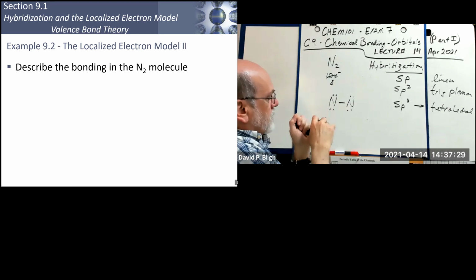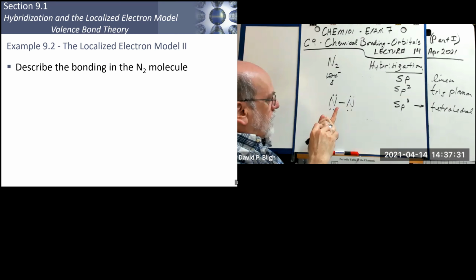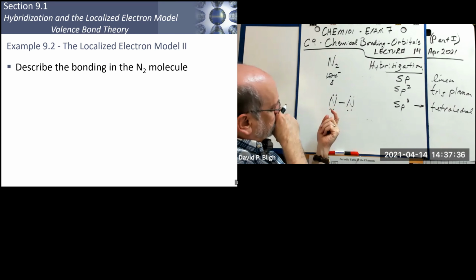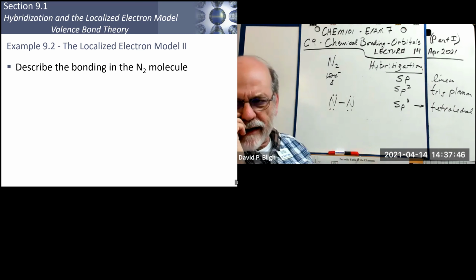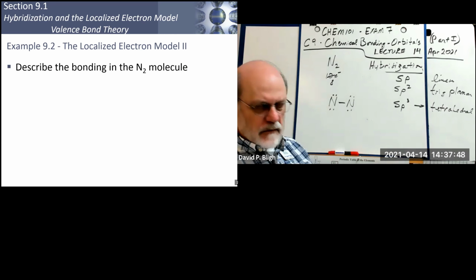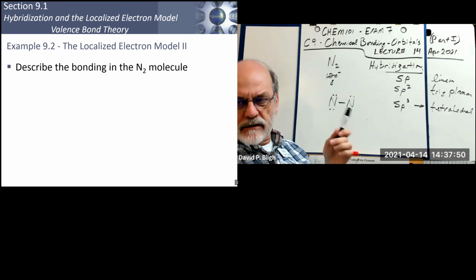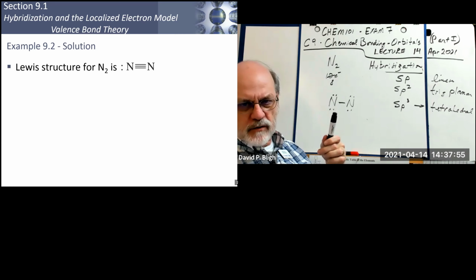So we've got 1, 2, 3 groups around that nitrogen. So we would expect sp2 hybridization, but I don't think that's right.